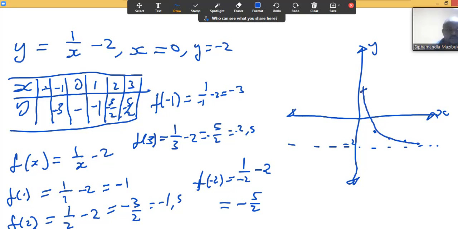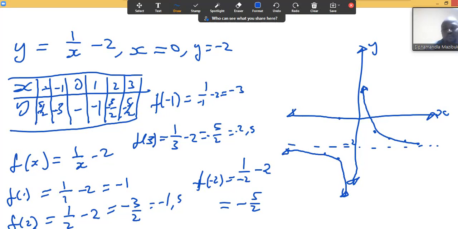Then if you're looking at the other side, you have minus 1 and minus 3, then you have minus 2, that should be minus 2.5, which is minus 5/2. So the other one will look just like that. So this will be our graph.